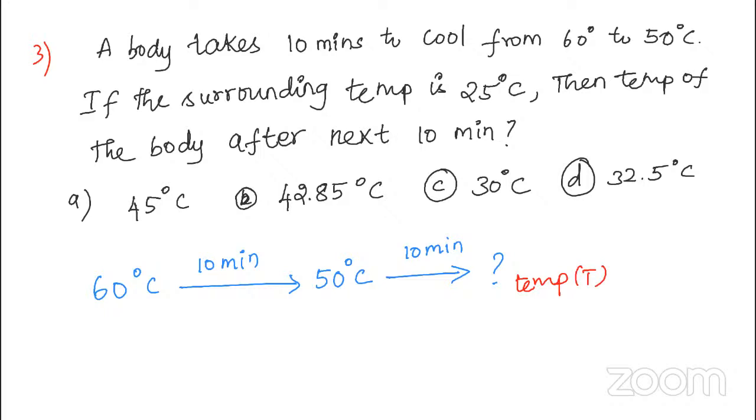Okay, so here also we have to substitute in Newton's law of cooling formula. In this, we take the first part, and the second value as the second part. For the first case we take T1 and T2, and substitute to calculate one expression.